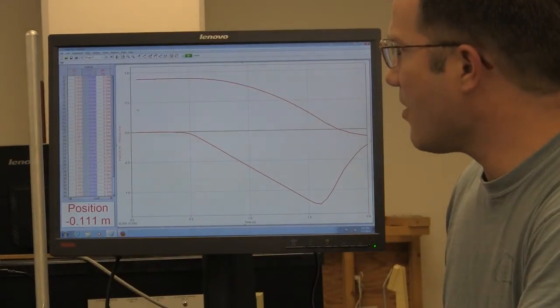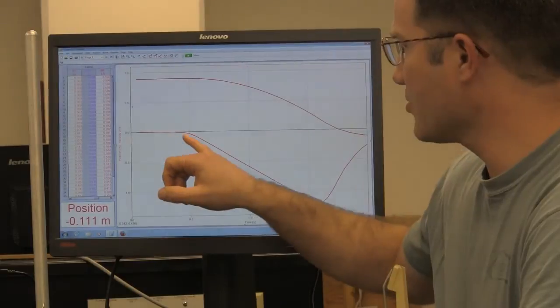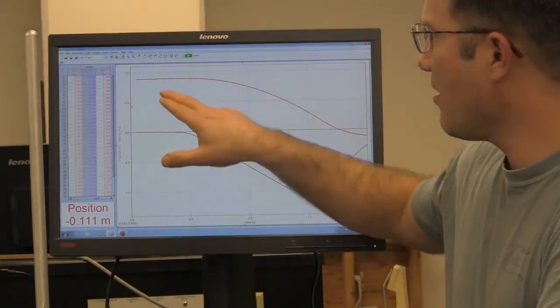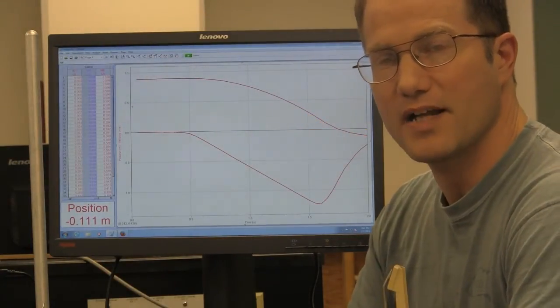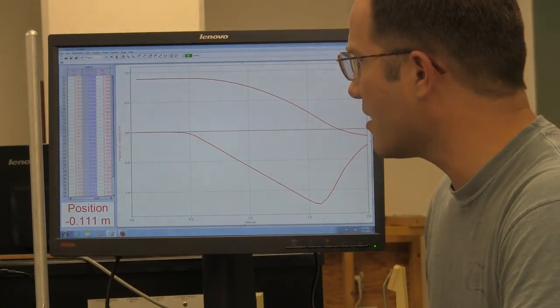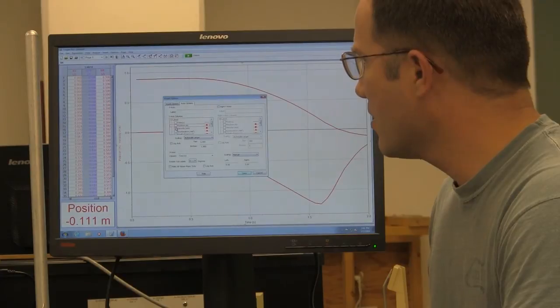But now I've also created some calculated columns that's going to show the kinetic energy, which is 1/2 mv squared, and also the potential energy, which transforms that position to height and multiplies it by mass times gravity, where mass is the mass of the cart.